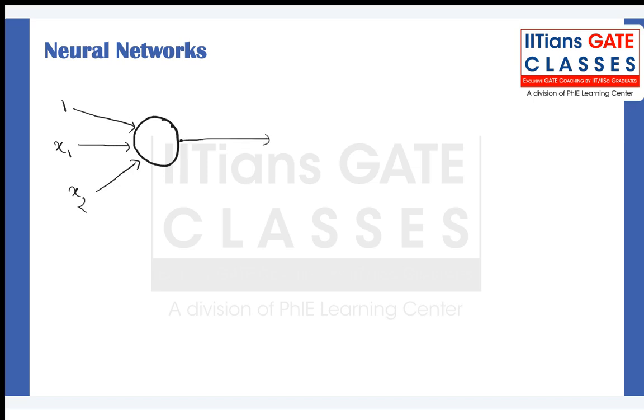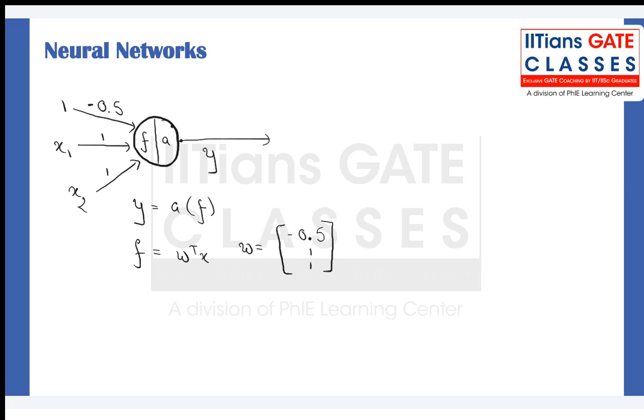Here I associate the weights minus 0.5, 1, 1. This is f, this is a. And here also the same thing: y is equal to a of f, and f is nothing but w transpose x, where my w is minus 0.5, 1, 1.